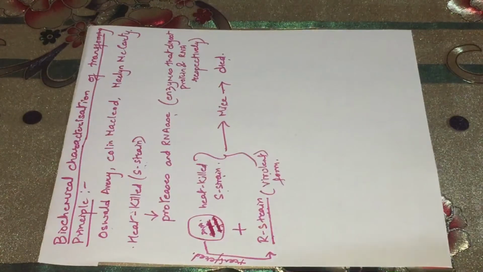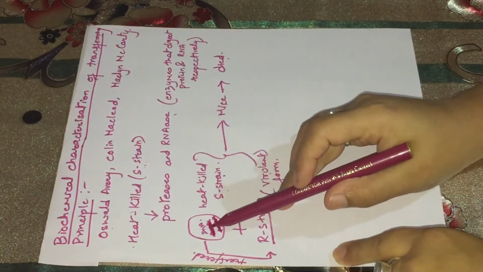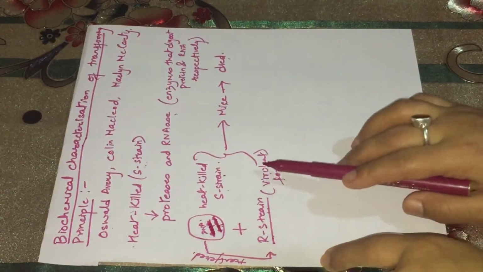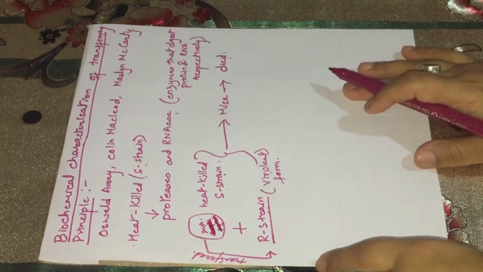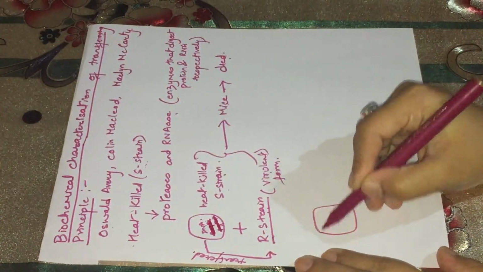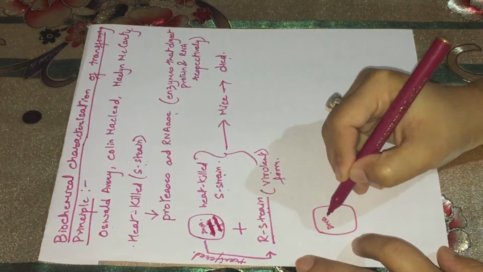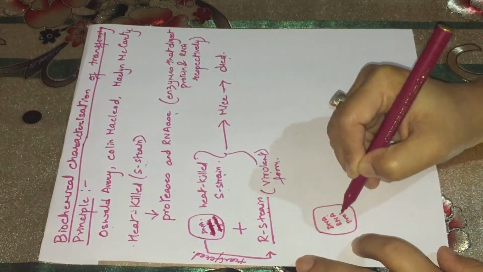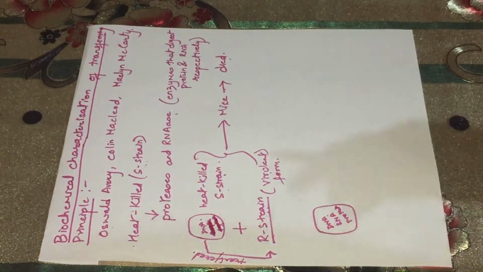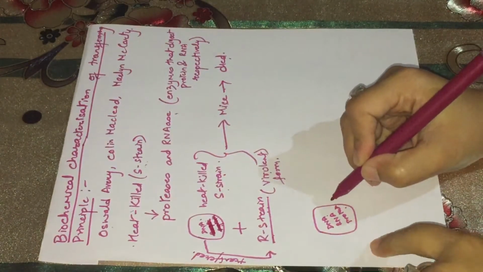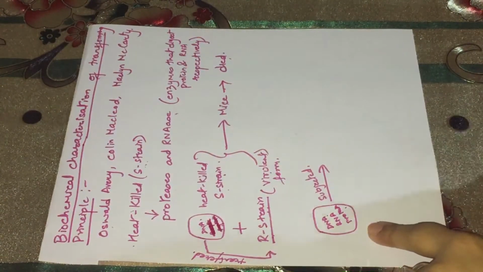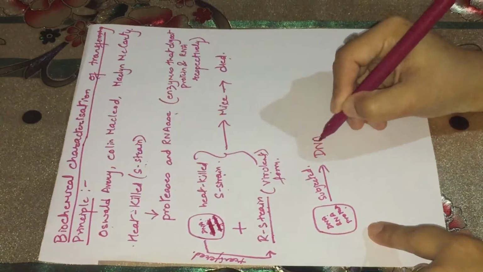In order to prove that it was DNA which was transferred and transformed the R strain into the virulent form, they again performed a similar experiment. Again they took heat killed bacterial cells which contain DNA, RNA, and protein, because every cell contains these biochemicals inside. Now they subjected this cell to the enzyme DNase.